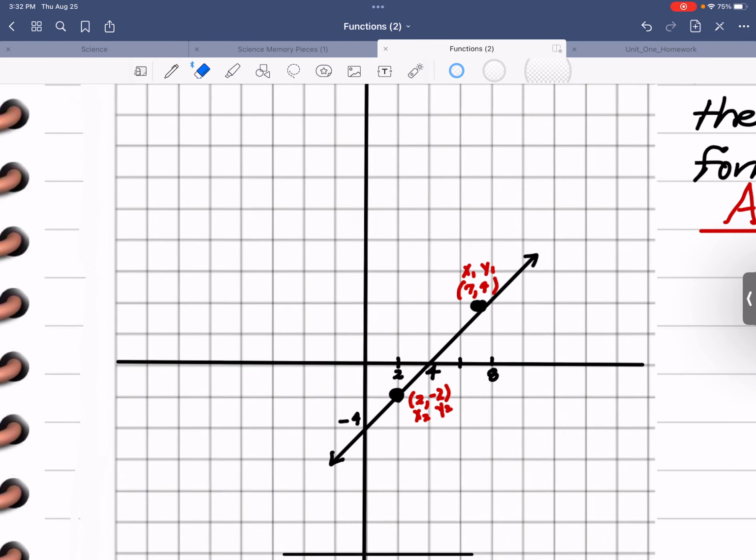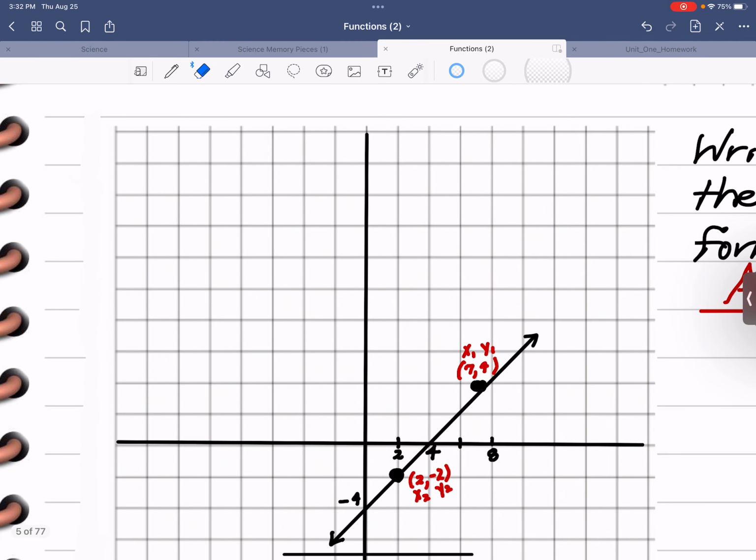We can go ahead and put slope down here. So the formula, remember, is rise over run. y sub 2 minus y sub 1 over x sub 2 minus x sub 1.